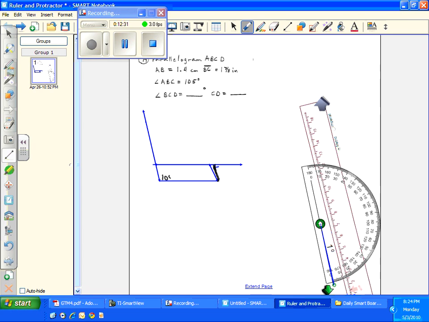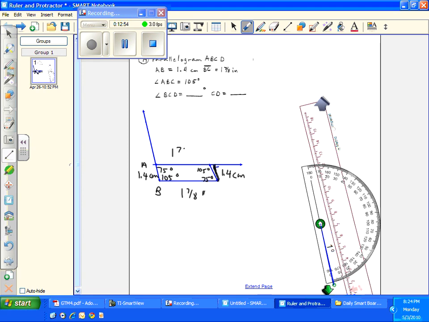So this is 105 degrees. This is 75 degrees, 105 degrees, 75 degrees. This was our B. This was our A. This is 1.4 centimeters, 1.4 centimeters. This is 1 7/8 inches.